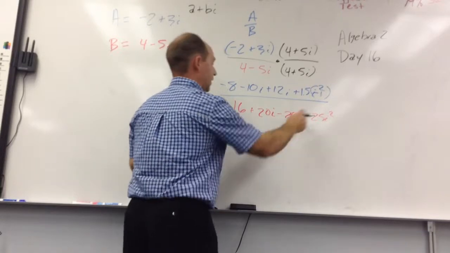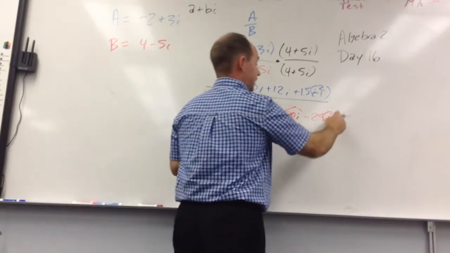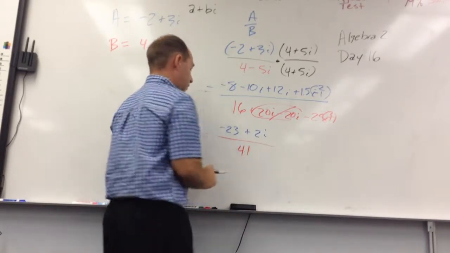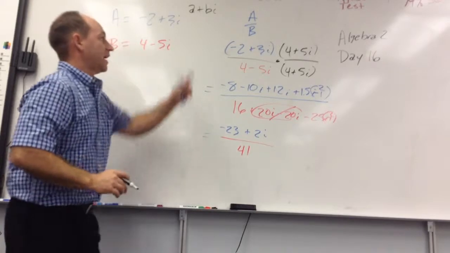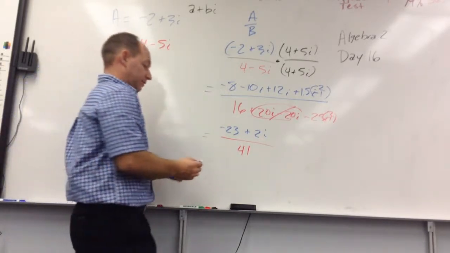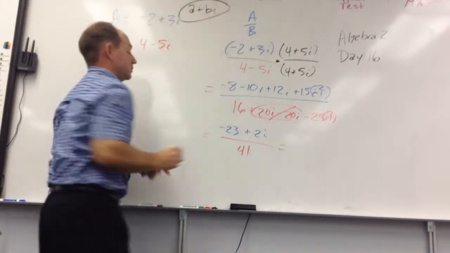Let's do some cleaning in the denominator. Hey, those are gone. That's plus 25, right? Because this is negative 1. So 16 plus 25 is 41. And the answer is this division can now be written as a complex number. But we have to write it in complex form of a plus bi.